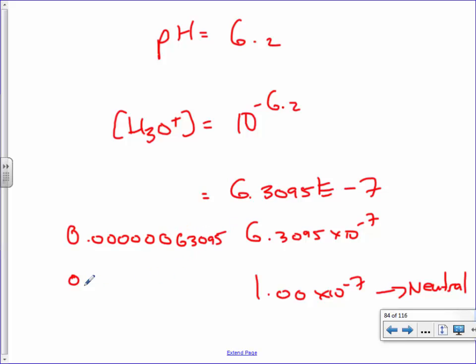And this number here would be 0.0000001. Which number is bigger? The top one. Does that make sense? Is it a lot bigger? Not a ton. Like, it's a little bit bigger. That's why we define this one as neutral, and then this guy here would be considered an acid.